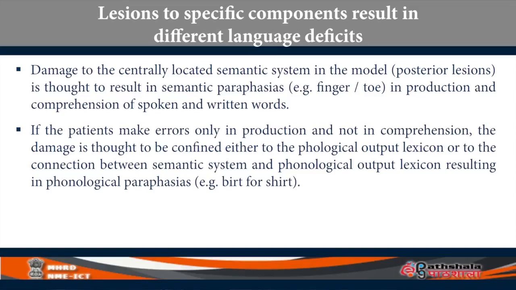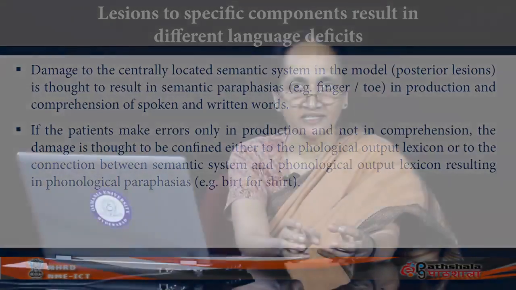What is an example of a verbal paraphasia? If the patient says "burt" for shirt, then he is substituting "bur" for "sh." So that's a verbal paraphasia. It is at the phonological level, which means output phonology is affected. Go back to the model I have shown you earlier on the screen. So the output side is affected. That's how it is interpreted.